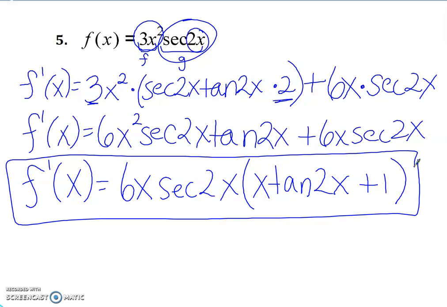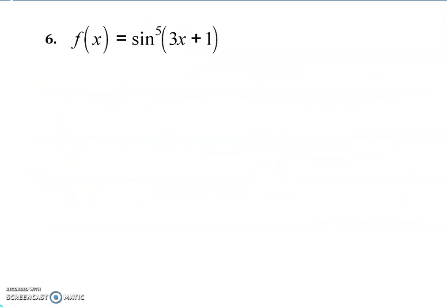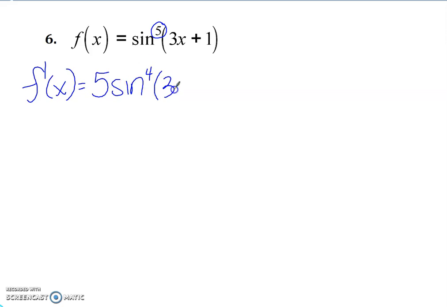Okay. Moving on to number 6. So this is another one with those multiple layers where we first have to deal with the 5th power, then the sine, then the 3x plus 1. So we're going to have 3 different pieces here. So first I move the 5 out front, which is going to turn that to a 4th power. I multiply that by doing the derivative of sine 3x plus 1.